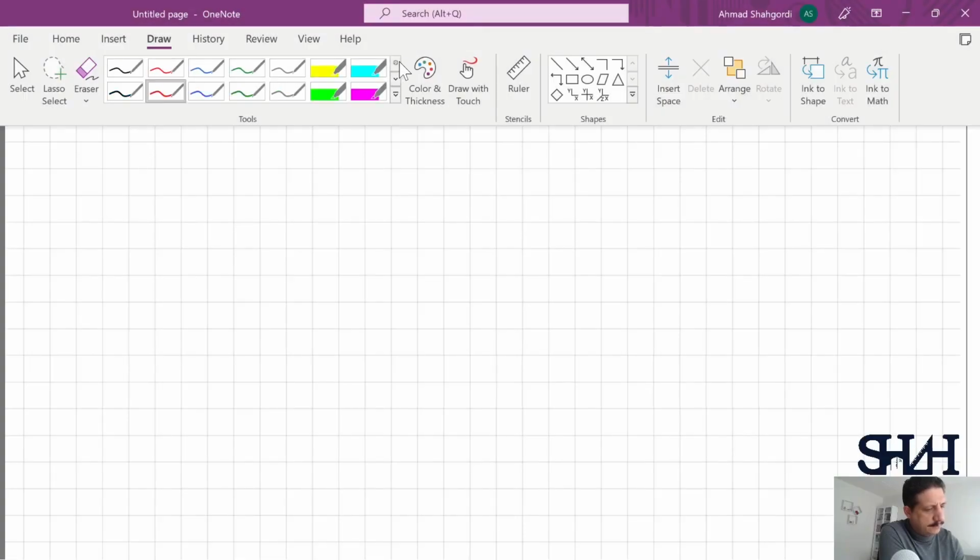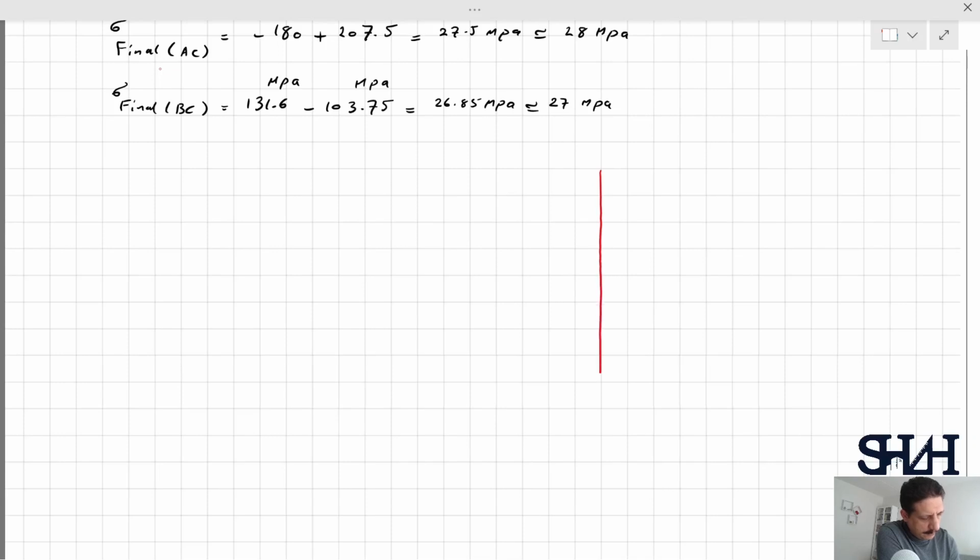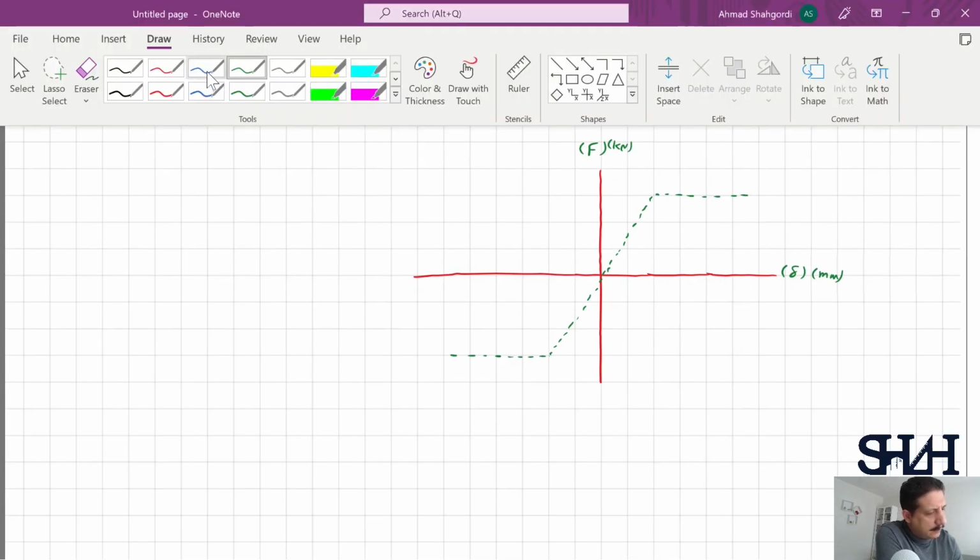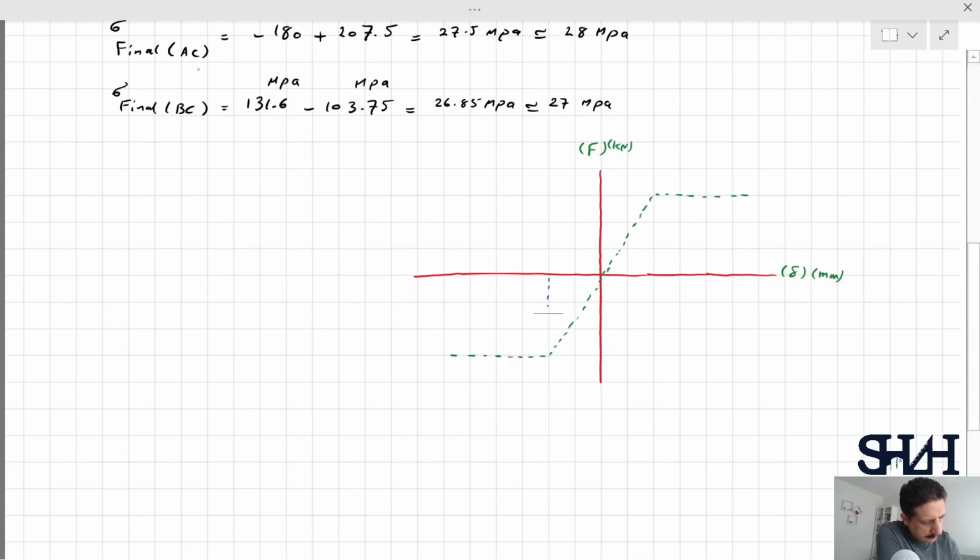Now it is also worthwhile to check how it looks from the element AC. Force versus displacement, kilonewton, millimeter. And here is 127 kilonewton corresponding to 0.72 millimeter.